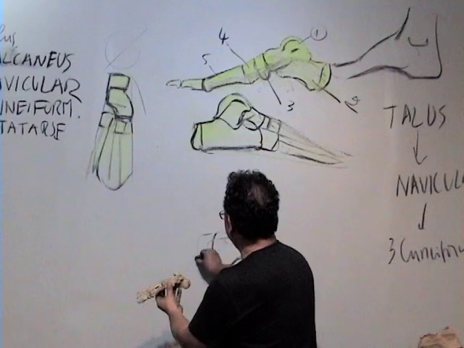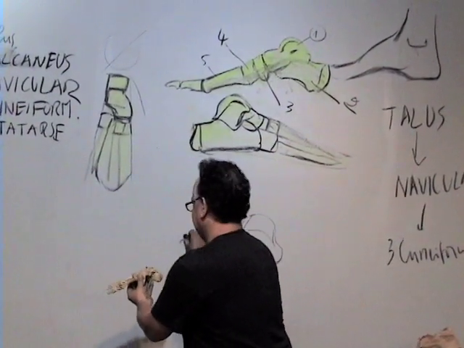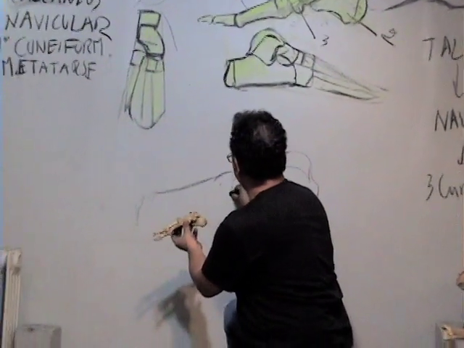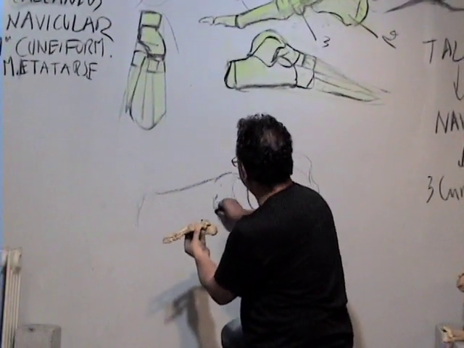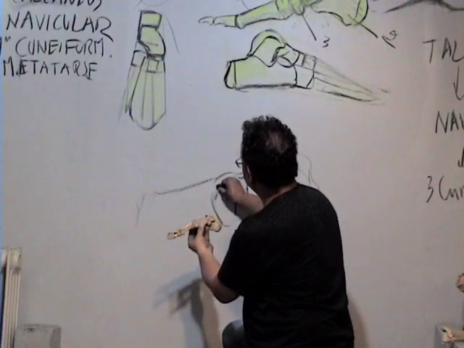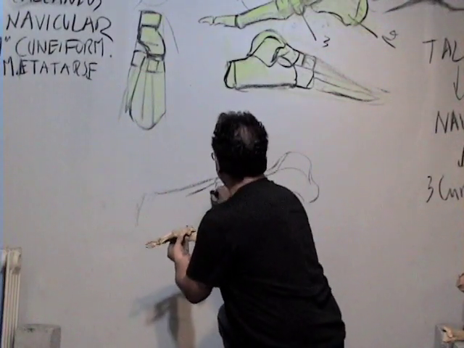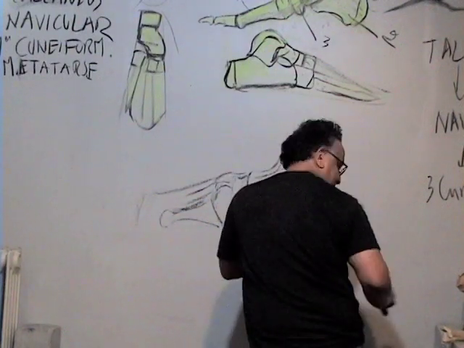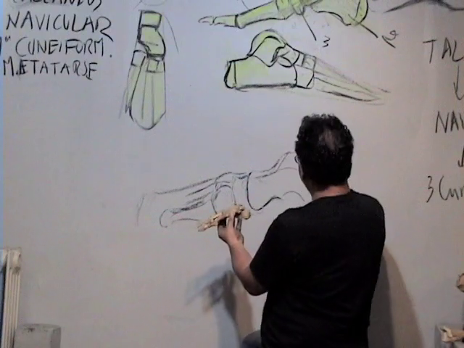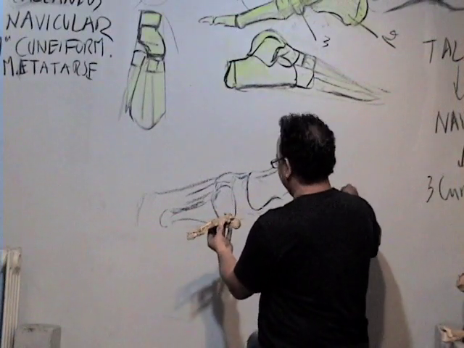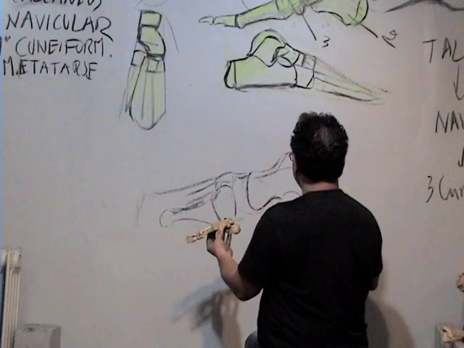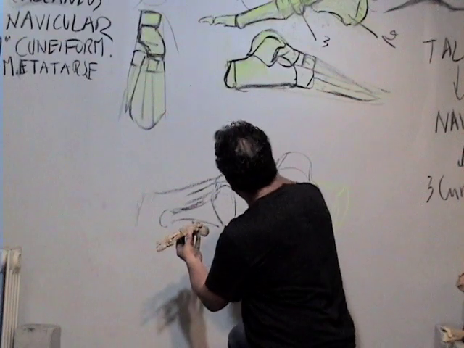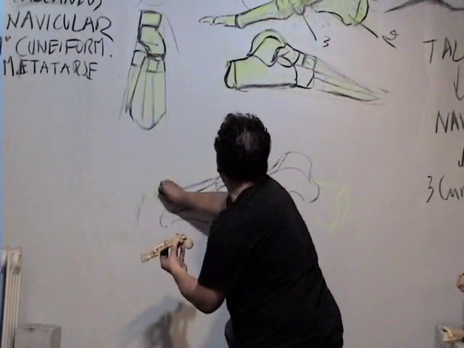Okay, and we have the navicular, and the first cuneiform, the second and the third, and they give us the three bones. And now I take another color, and here I have the calcaneus, which goes here, and we see the cuboid just a little bit, and we see the other.